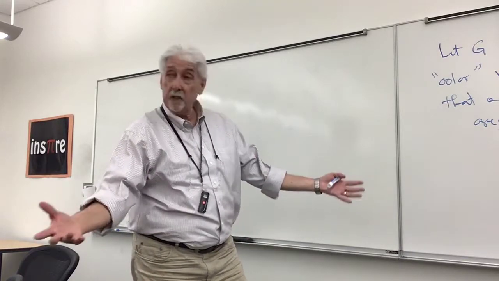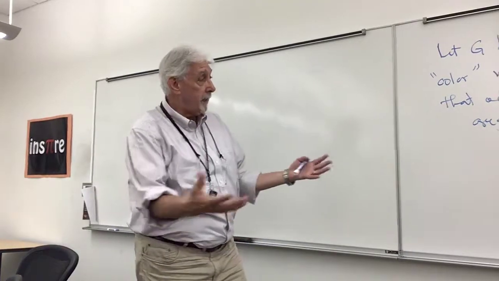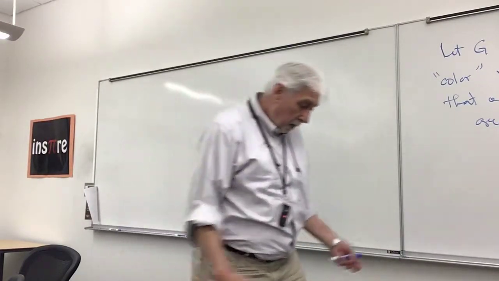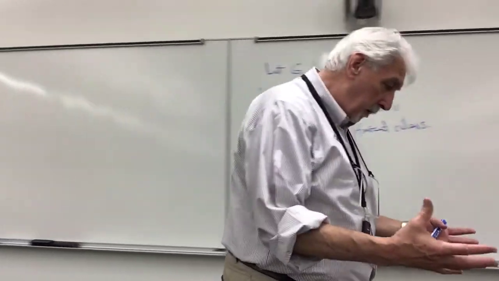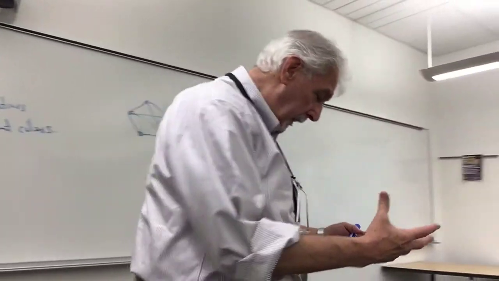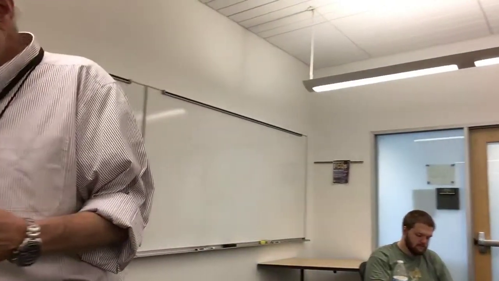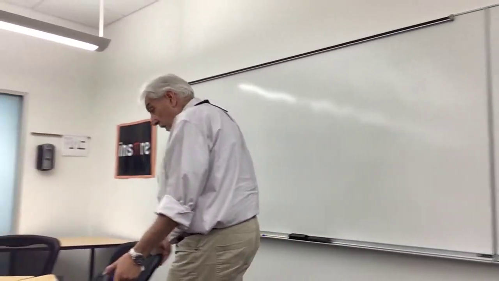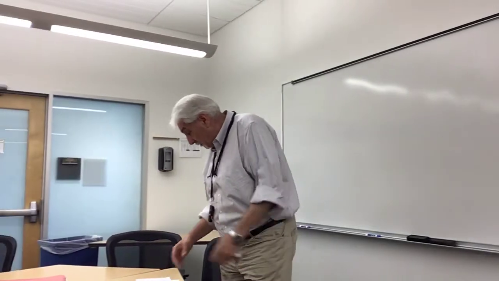Because every vertex is adjacent to every other vertex, I've got to have a distinct color for each vertex. So this whole idea of coloring has really encouraged quite a bit of research and interest among graph theorists.